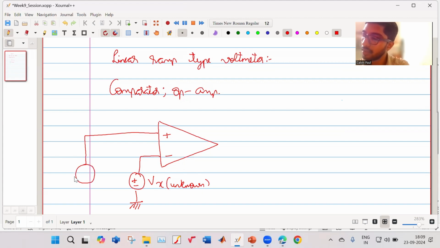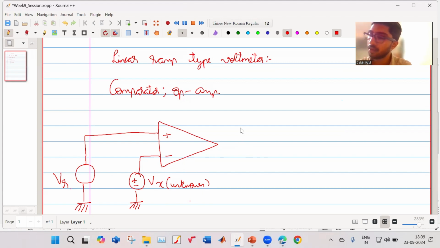Here is a ramp VR, which I know. Okay, this goes to a comparator. So what will the comparator do? It will go high when VR is greater than Vx, else it will be low.